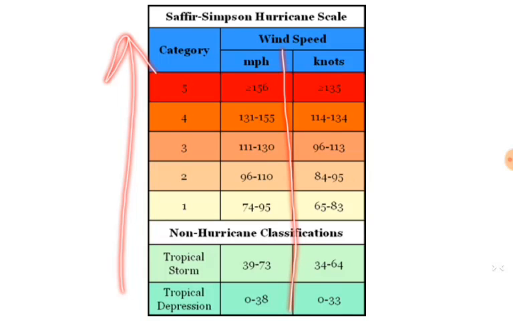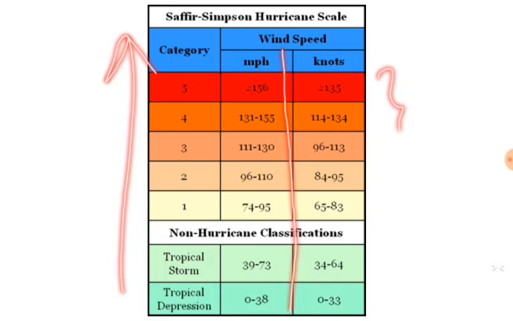So a tropical depression has winds of 0 to 38 miles per hour, and when it arrives at 39 to 73 miles per hour, we have a tropical storm. And now up to a hurricane. A hurricane has winds of 74 to 95 miles per hour. That is a Cat 1. A Cat 2 has winds of 96 to 110 miles per hour.